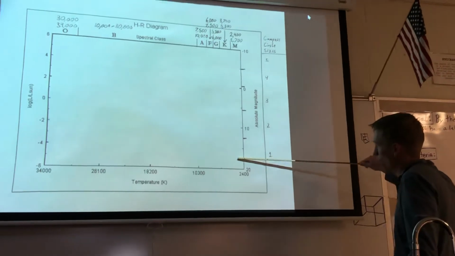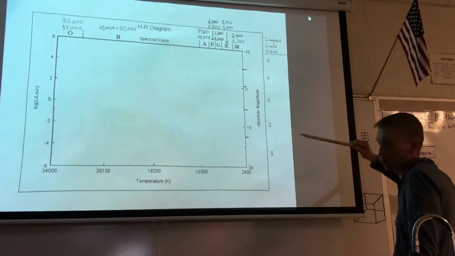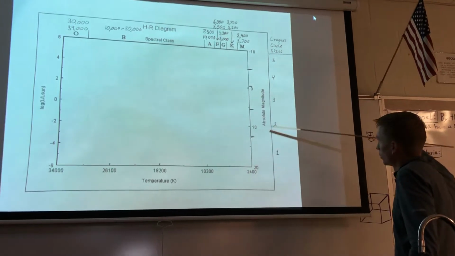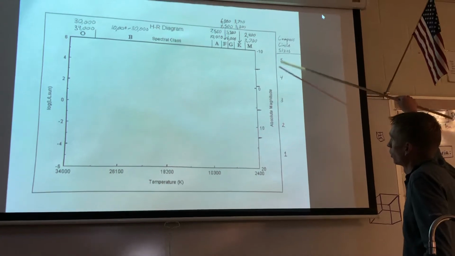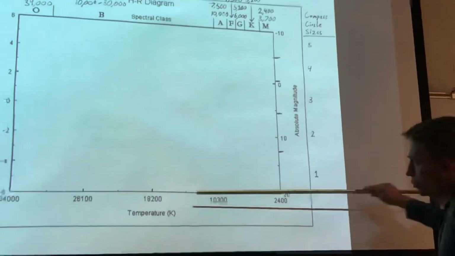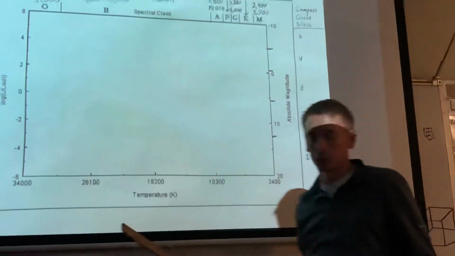So this is section 1. I would put a 1 there. Everything that I've marked on here, if I were you, I'd mark it on your paper. Section 2 is the second one, then section 3, section 4, and section 5. As you move your way up this chart, the stars are getting larger.